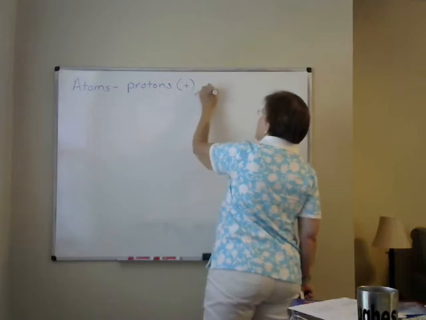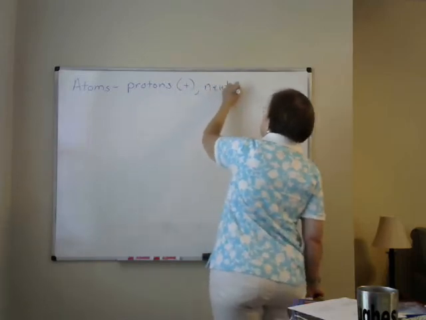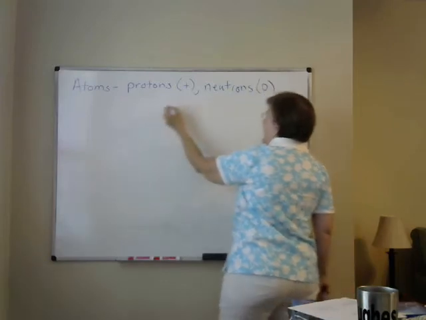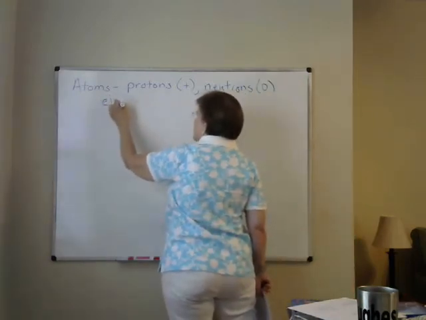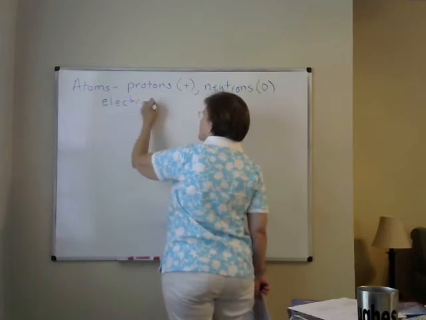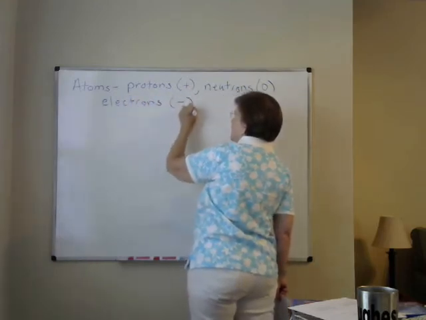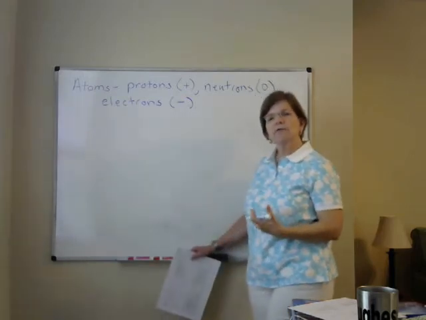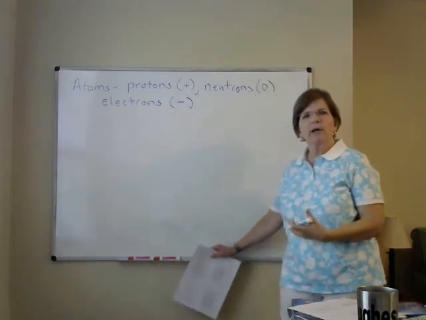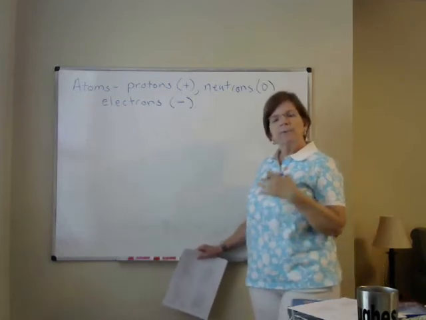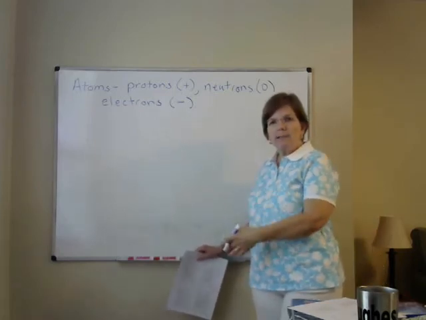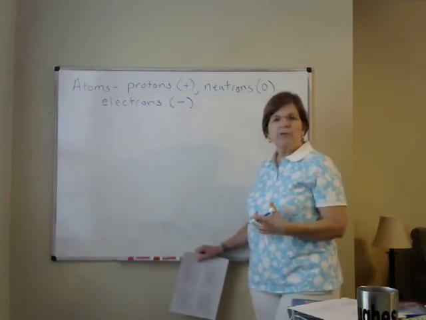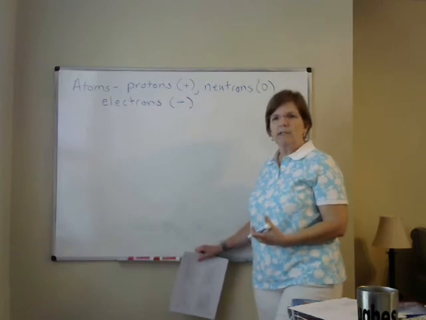They have neutrons, which have zero charge, and electrons, which are negatively charged. It's really just sort of an accident that electrons were considered negative and protons positive, because when Benjamin Franklin named positive charge and negative charge, we really didn't know enough about the structure of the atom yet. They hadn't discovered protons and electrons.